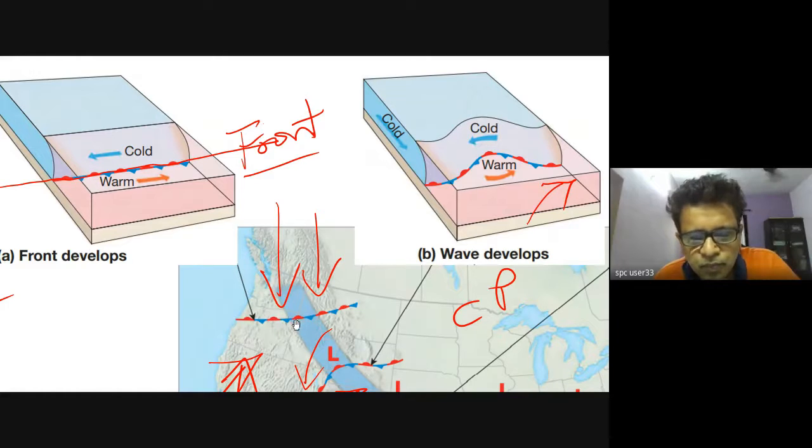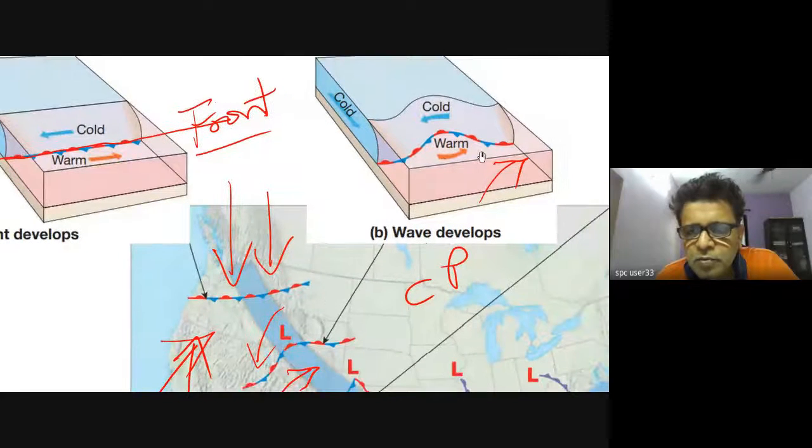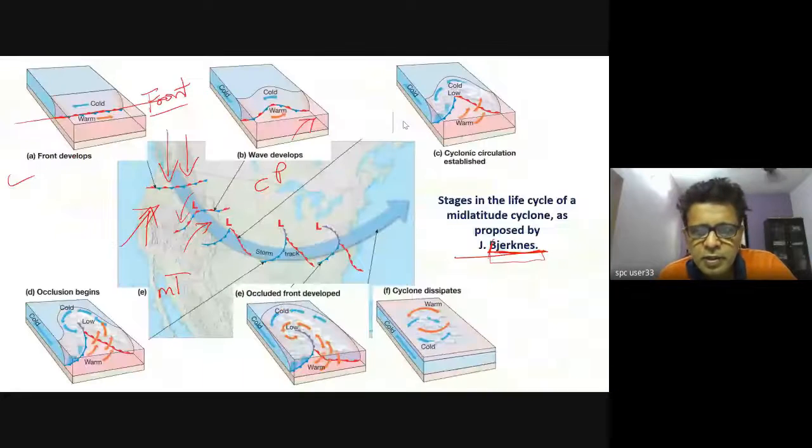So then, with movement, Coriolis force starts operating on each of these, and what has happened is the warm air is moved towards its right, and the cold air is moving towards its right as such. There's a minor curvature that has now developed in this process.